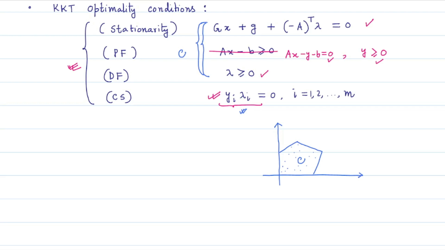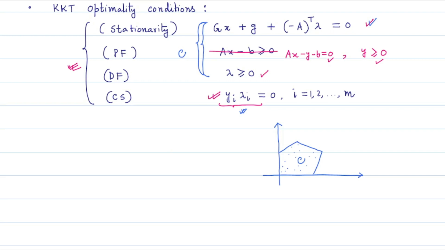Now, let us suppose the value of y is equal to 0. Then the corresponding component in this equation gives us Ax is equal to b. Similarly, when lambda i is equal to 0, we look at this equation, and corresponding to lambda i equal to 0, we get Gx plus small g is equal to 0.